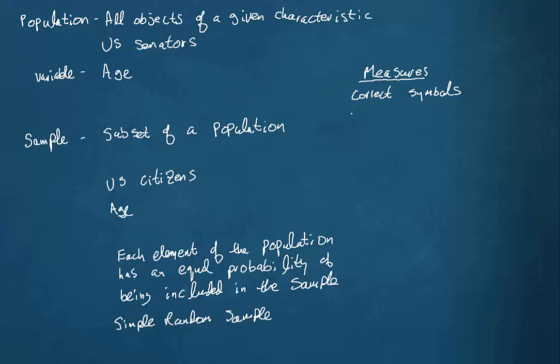In statistics, we will have a set of symbols that will correspond to population measures, which are called parameters, and sample measures, which are called statistics.